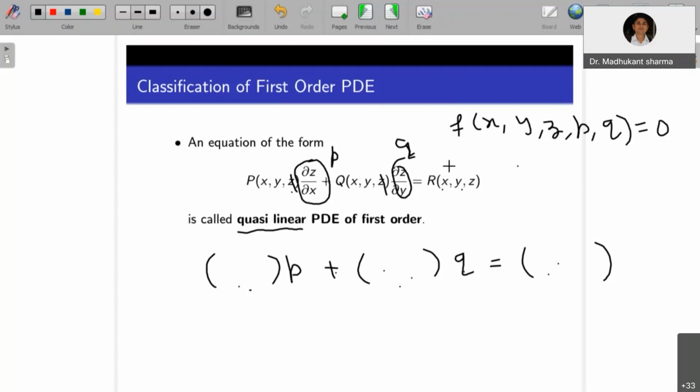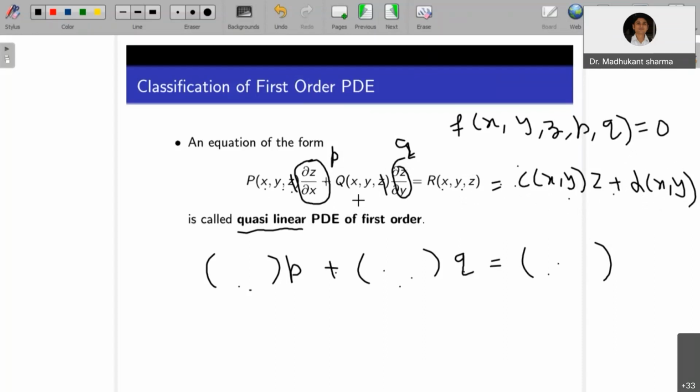If the right hand side is linear in z, meaning it is of the form c(x, y) times z to the power 1 at the most, plus d(x, y), a function of x and y or a constant, so if the right hand side is also of this type, linear in z, then in addition to the almost linear case, where the p and q coefficients are functions of x and y only, and the right hand side is linear in z, you will say it is a linear PDE of first order.